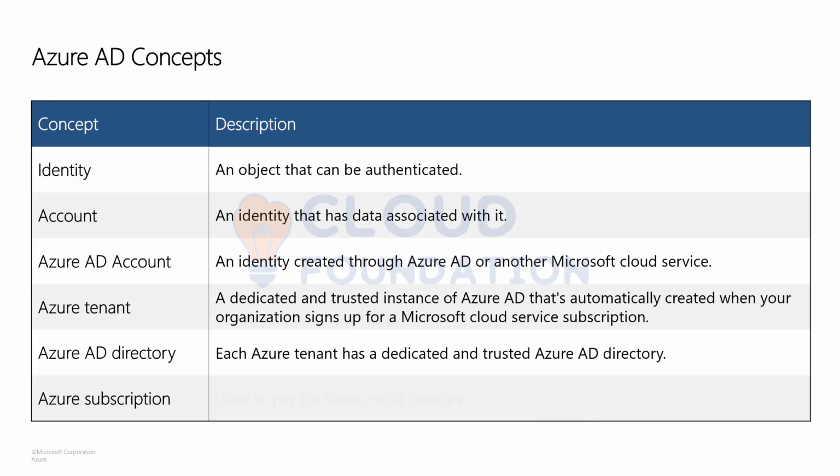Now, within one Active Directory, you can associate your Azure subscription and whatever services you have provisioned over there. Depending on the type of subscription you are creating, you'll be able to use those services. If you're creating a free trial subscription, like some of you might have done with AWS, you'll be able to use a limited set of services.